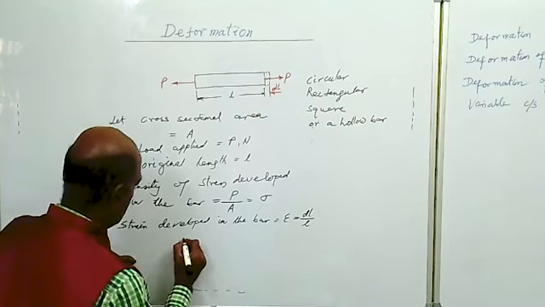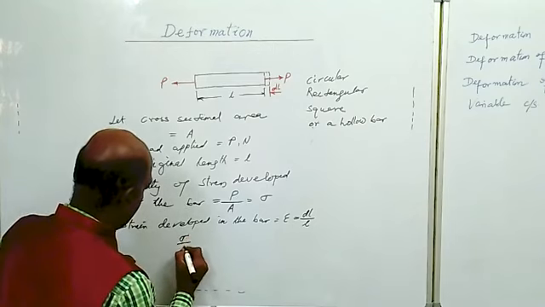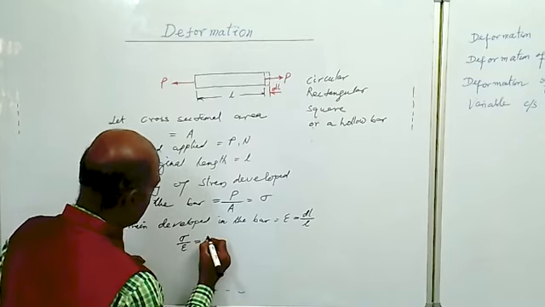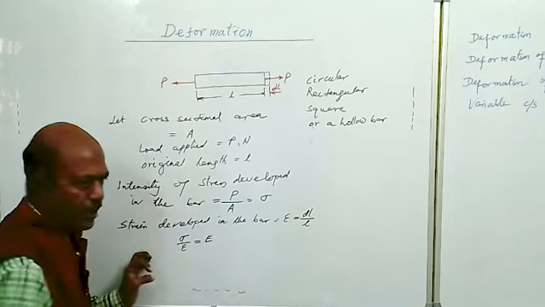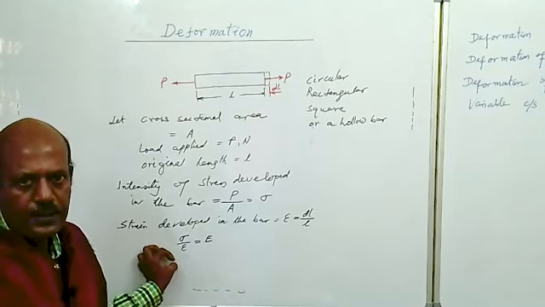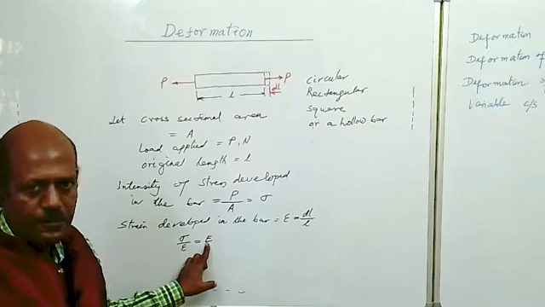So sigma by epsilon, as per Hooke's law, within elastic limit is a constant, and that constant is known as Young's modulus of elasticity, given by the term E.